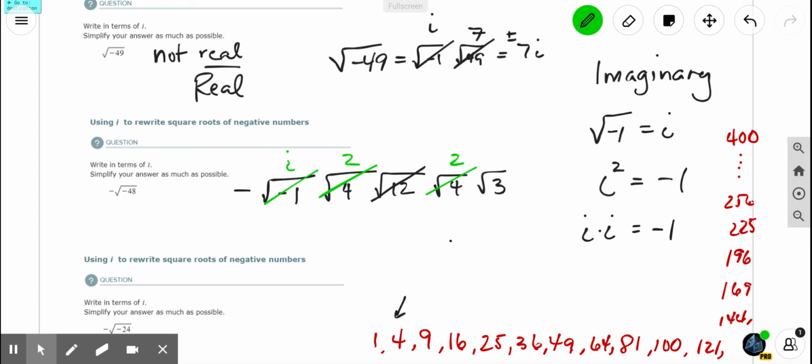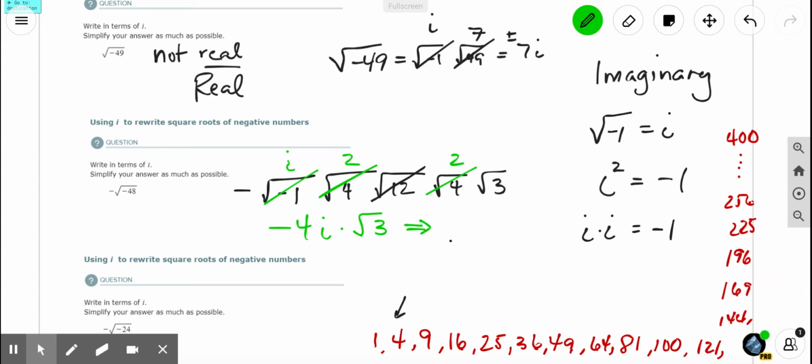We're not going to use a calculator. So 2 times 2 is 4, times i times negative 1 is negative 4i. But then we still have that square root of 3. So what order do we put this in? It depends on the book that you're reading.